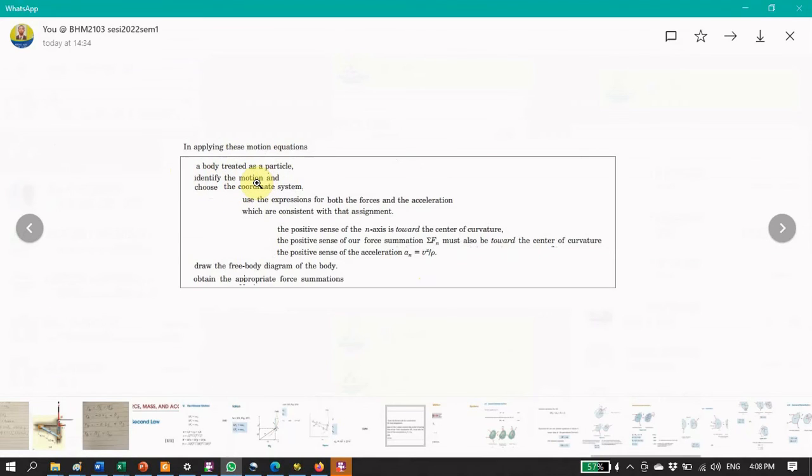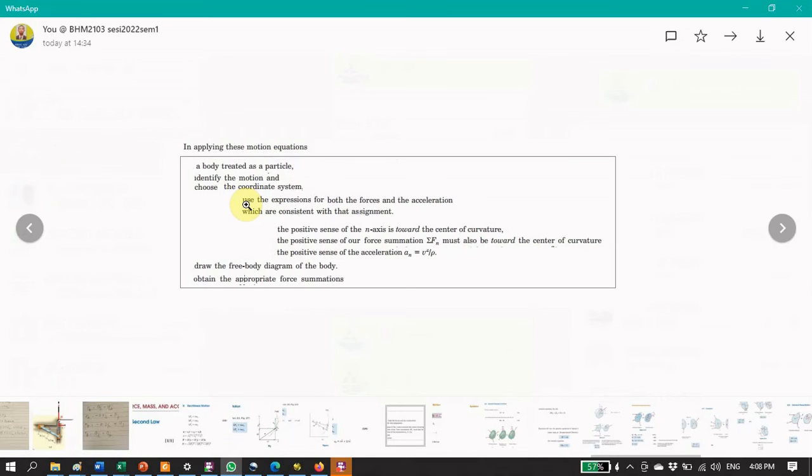Is it a rectilinear motion, where you just use one rectangular coordinate system, or is it a curvilinear motion? And if it is curvilinear motion, then we have to identify one of the three coordinate systems that is proposed.